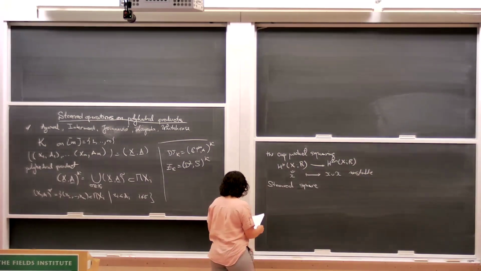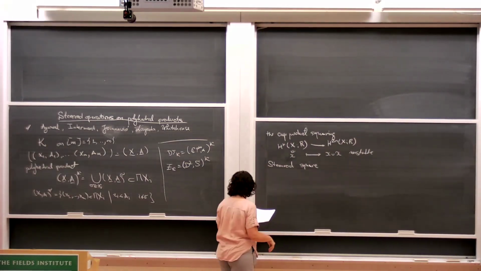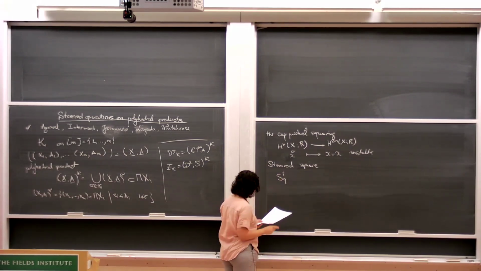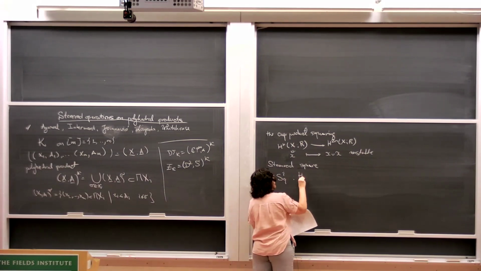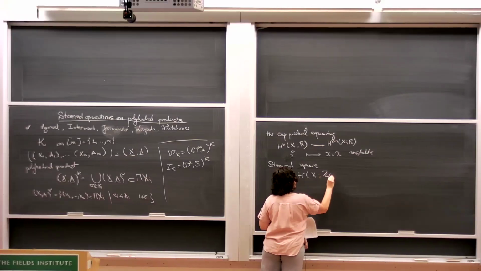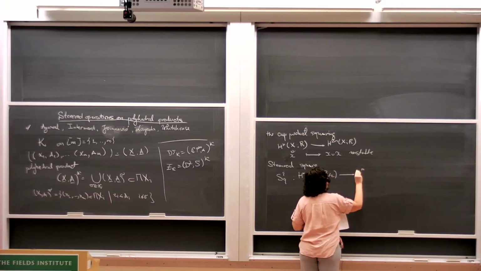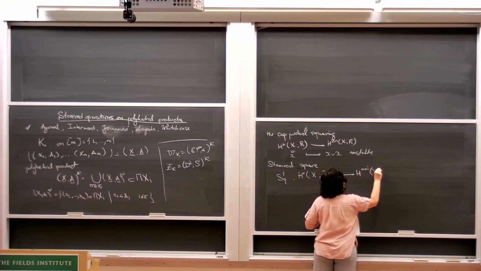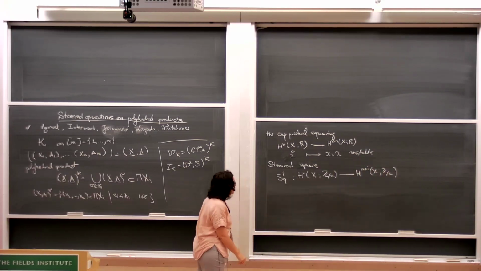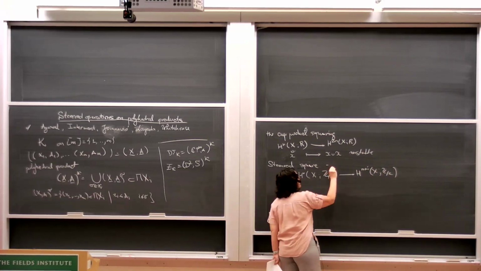So he defined Steenrod squares by, say, Sq^i. It takes the nth class in the mod 2 cohomology of a space and associates a class of degree n plus i. Okay. So these are primitive stable cohomological operations.